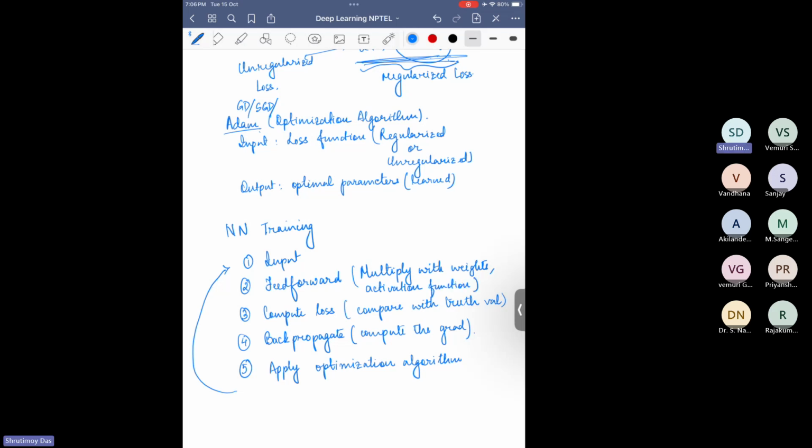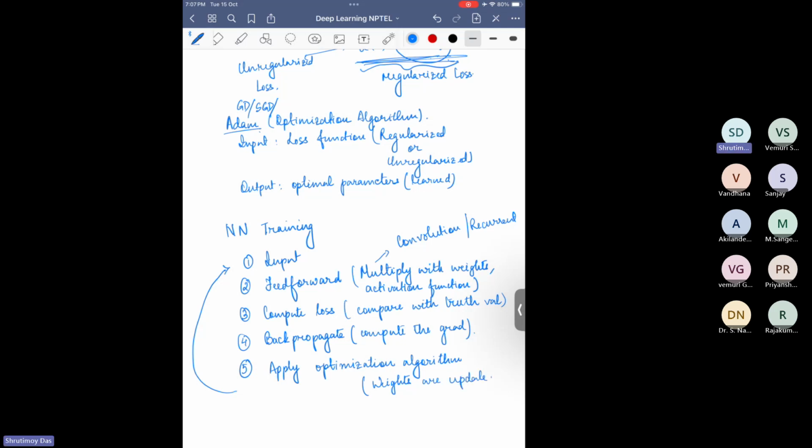So if you have some spatial network, you can also have this convolution or this recurrent type of thing at this stage. Once you apply optimization, the weights are updated.